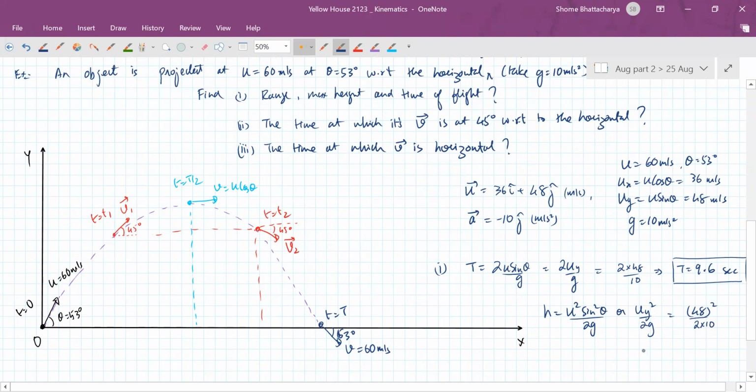So this maximum height will come out to be, when we calculate it, just a second, let me verify the calculation. So 115.2 meters.